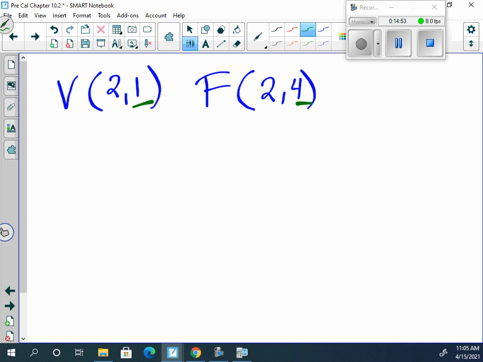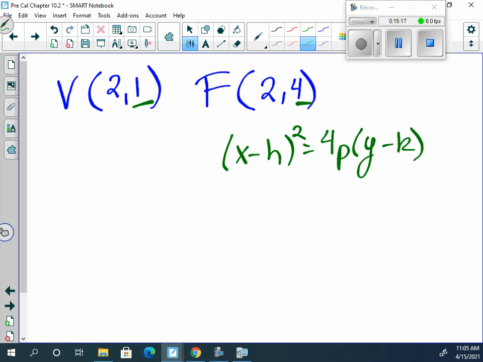And that is true for when it is y minus k squared, yes? I'm at x. So the main focus point, that equation we're going to be using, x minus h squared is equal to 4p times y minus k.